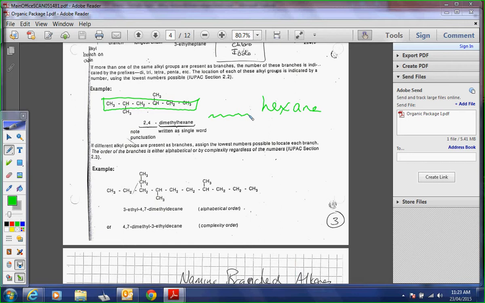Now I want you to think of this as like a charm bracelet. So here's the chain, that's the bracelet. That's going to go wrapping around my wrist. And here are the charms that I can attach to the bracelet. You okay with that? So this is really called the chain, and these little charms are called branches.